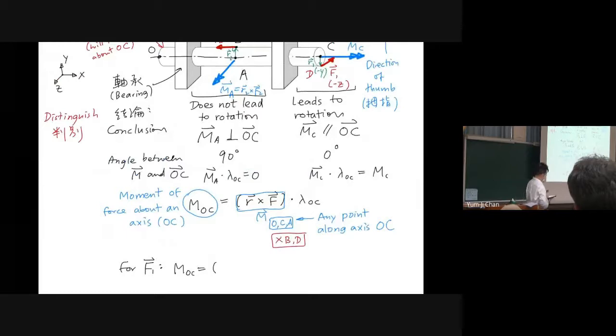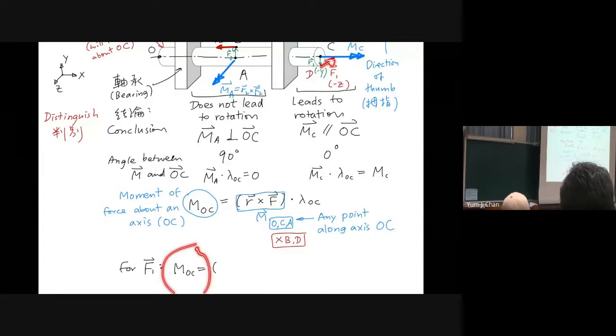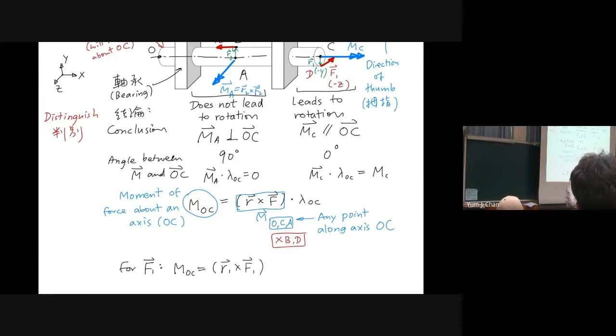First of all, we want to determine this one. We first determine the moment of F1 about a point on axis OC. The easiest thing to do is to take R1 and then F1, R1 cross F1.